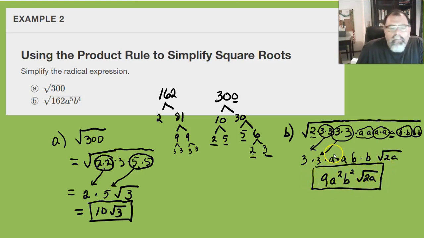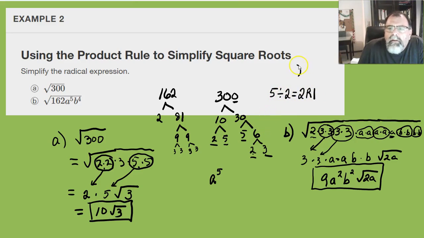Now, once you understand this totally, you could save some steps. Here's the shortcut for doing powers. We're looking for pairs, right? So remember, if I want to do a to the 5th, I'm going to do 5 divided by 2, which is 2 remainder 1. So think of it that way.